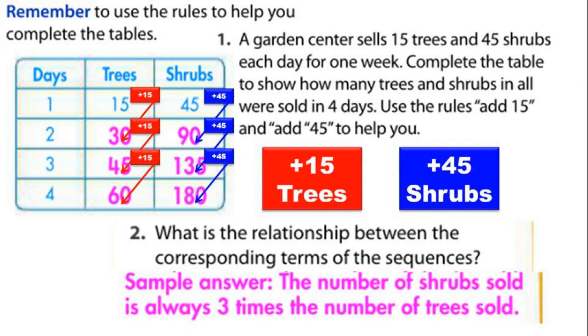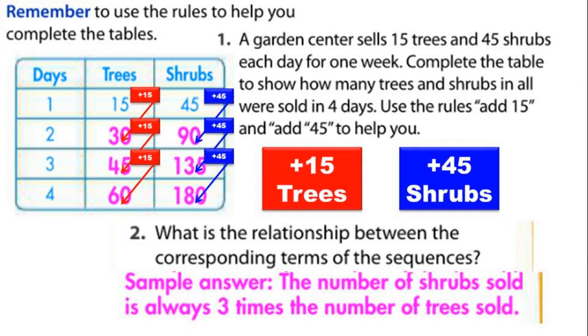So here, 15 plus 15 equals 30, 30 plus 15 equals 45, 45 plus 15 equals 60. This is for trees. Shrubs: 45 plus 45 equals 90. 90 plus 45 equals 135. 135 plus 45 equals 180.